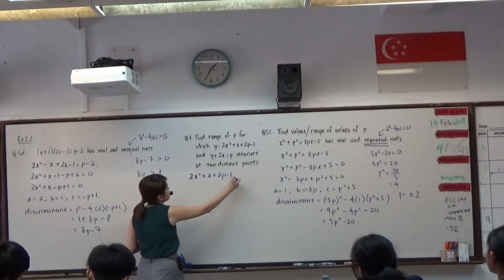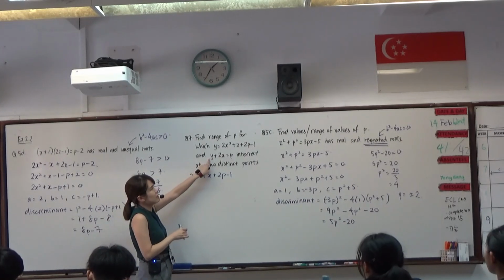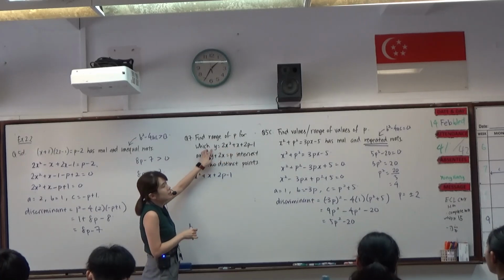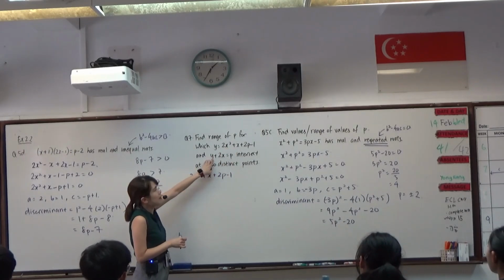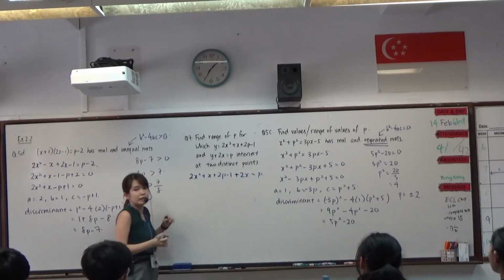Okay, so what we will have to do is to take the curve and equate it with the line that we have. Just that the line that we're given is y plus 2x equals to p, so we just do a substitution. This is y equals to 2x squared plus x plus 2p minus 1. We place the y over here, so we get this new equation here.